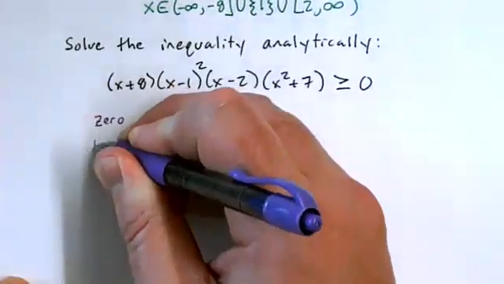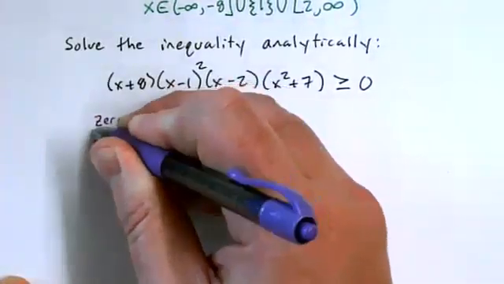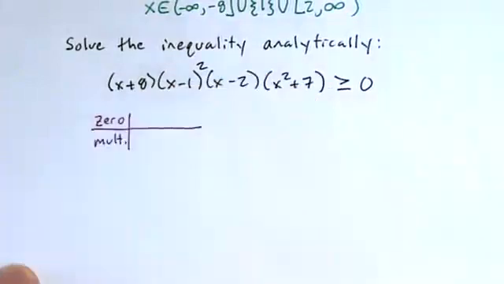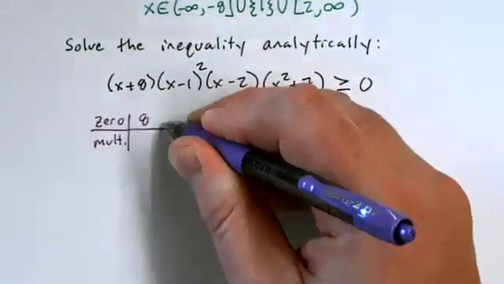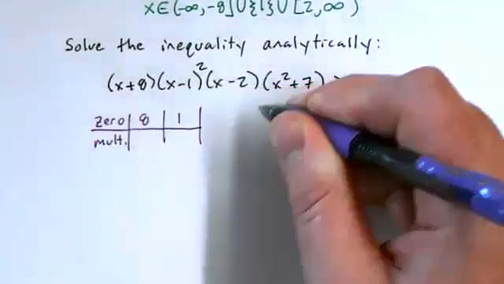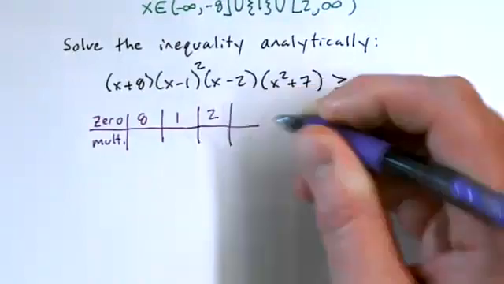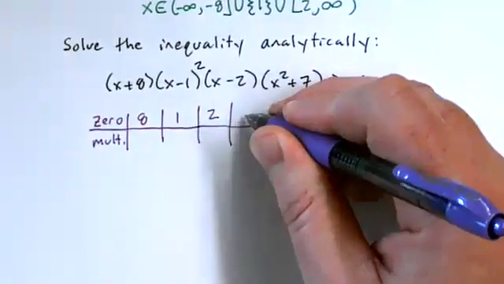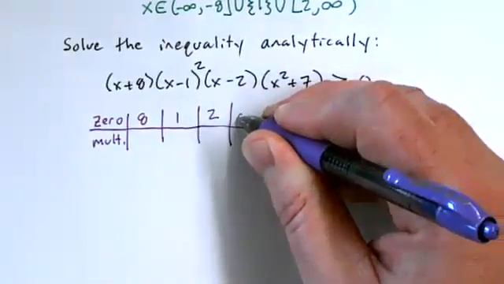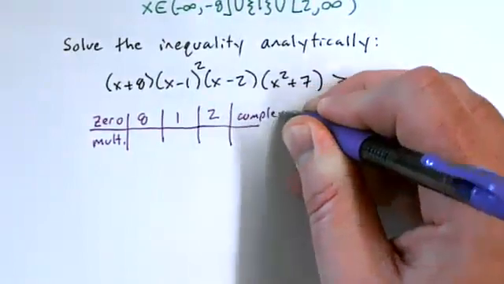We're also going to find their multiplicities. I'm going to make myself a little multiplicity in zeros chart. So negative 8 and 1 and 2, and then a couple of imaginary ones that we'll just ignore.